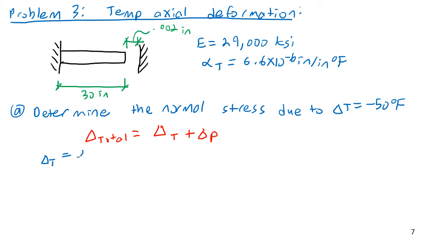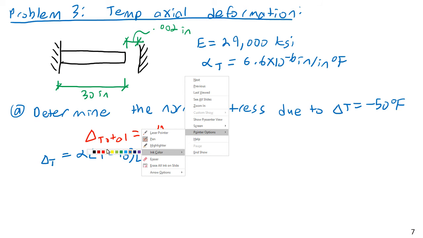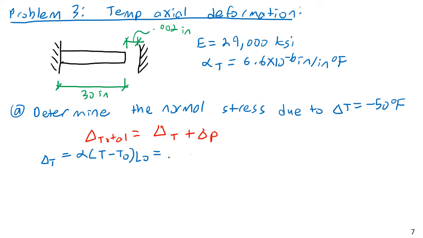Delta T equals alpha times T minus T naught times L naught, equals 6.6 times 10 to the negative 6 inches per inch per degree Fahrenheit times negative 50 degrees.